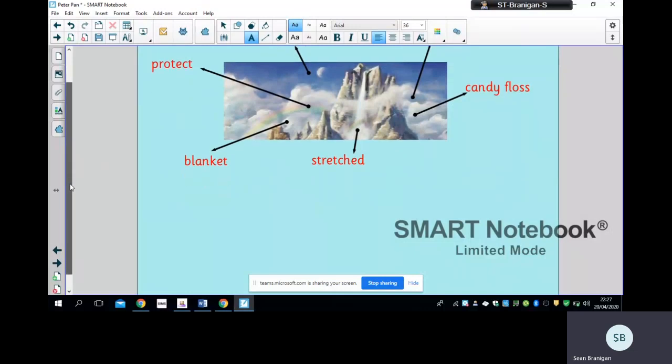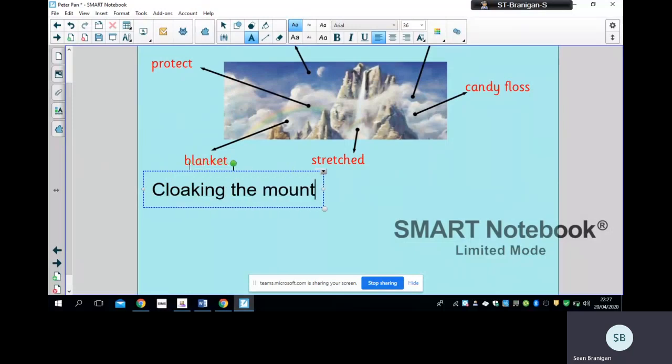I'm going to use the word protect. So, no, not stretching. I've already used stretching. Cloaking. Cloaking the mountain.